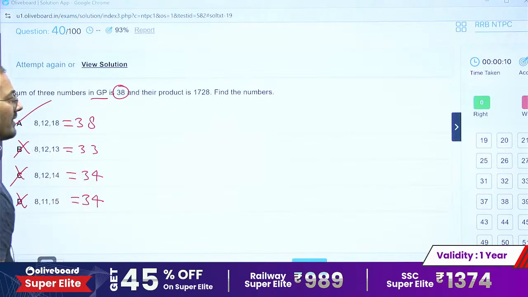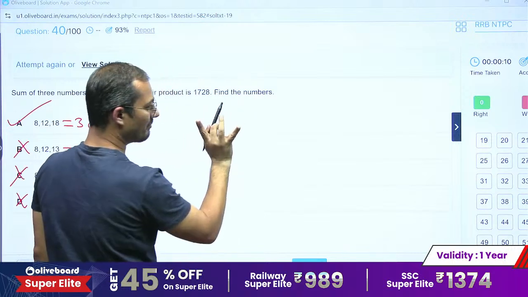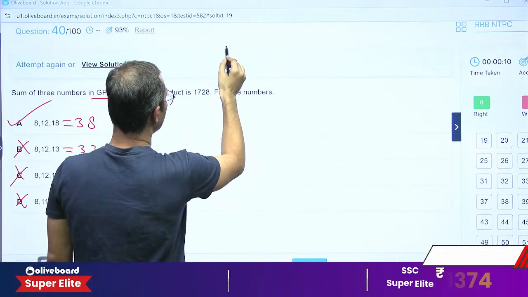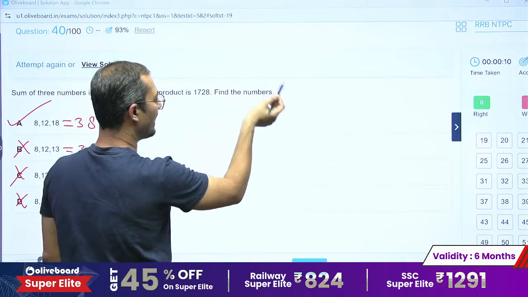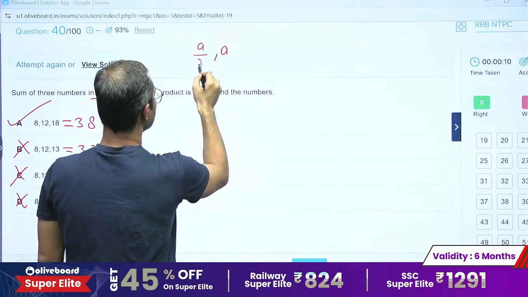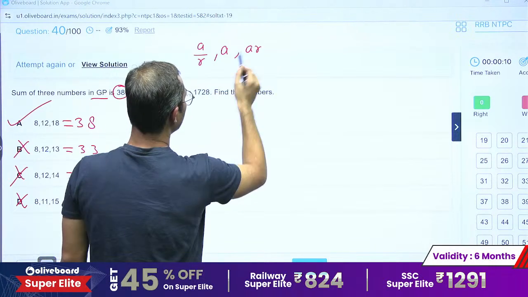If you want to solve it in detail, see, the product of three numbers which are in GP, right? So we can say that the middle one is going to be the arithmetic mean, right? So that is A. So the first number is A upon R, the ratio is the same, so the third one is AR. Is this clear?